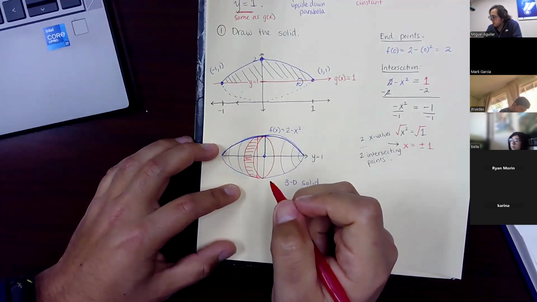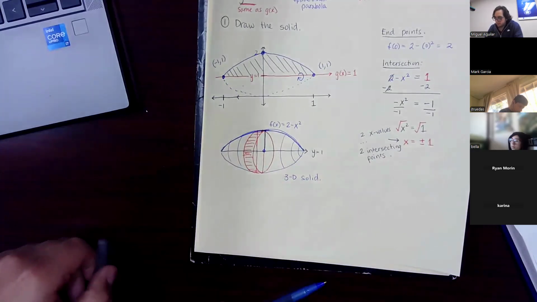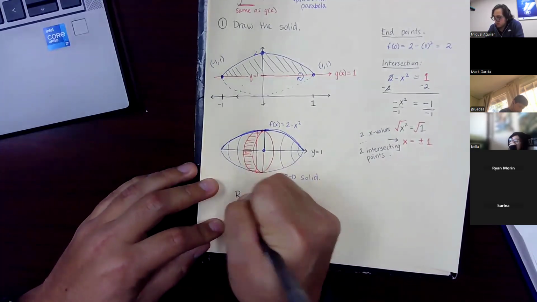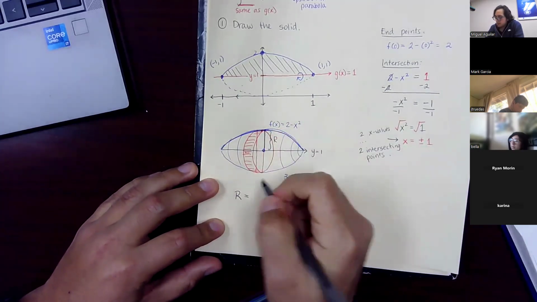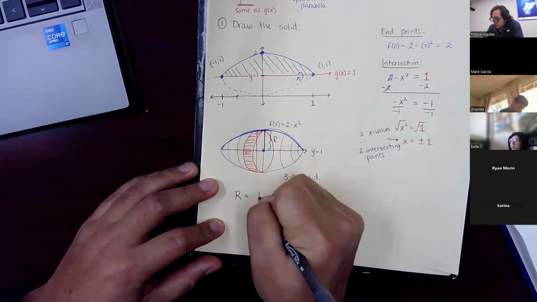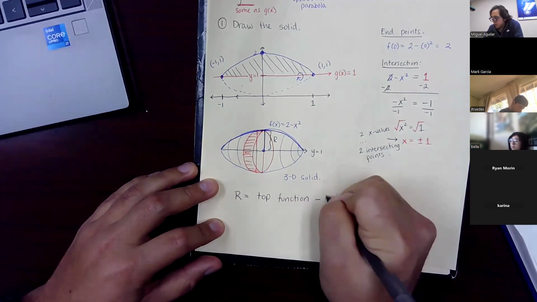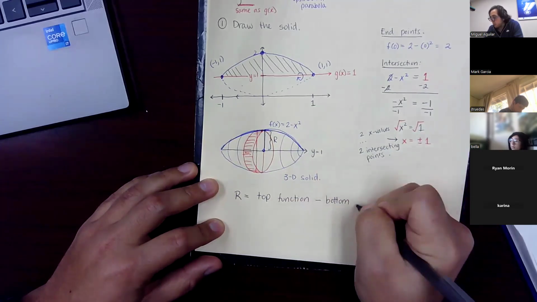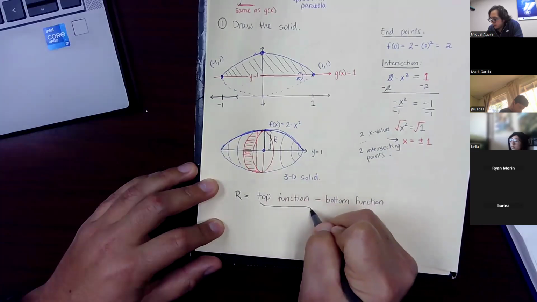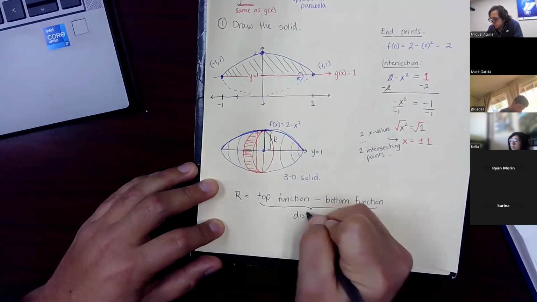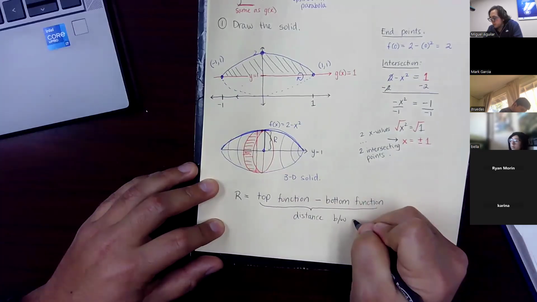Okay. So here, our radius is really going to be the distance. So r, this distance, is determined by the top function minus the bottom function, or the lower function. And that's how we're finding the distance between them.